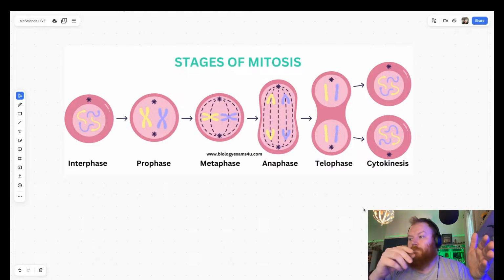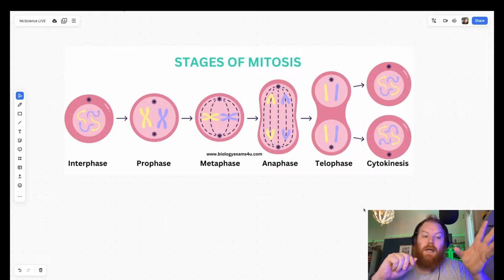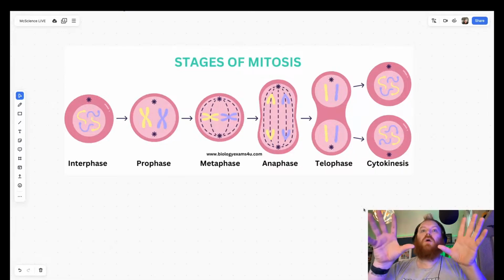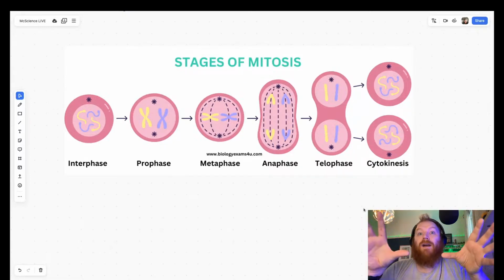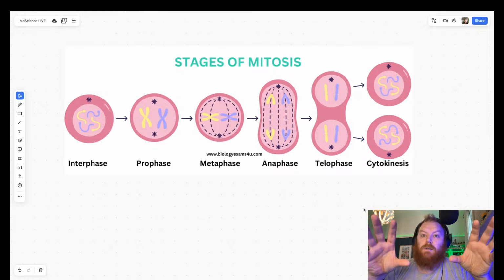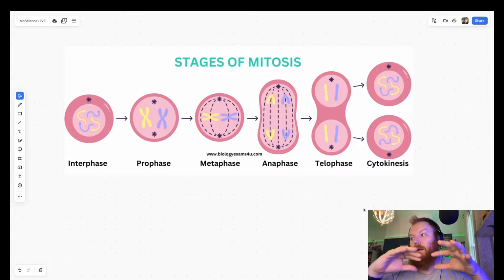And then we go into our telophase, which is where we've pulled it all apart. We now form new nuclei around the two sets of chromosomes, and we make sure our organelles are separate as well.